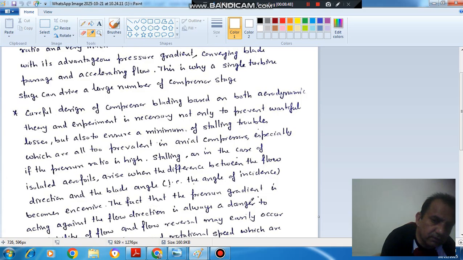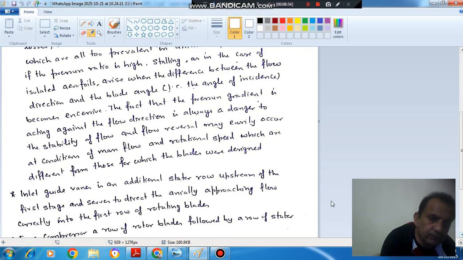The fact that the pressure gradient is acting against the flow direction is always a danger to the stability of flow, and flow reversal may easily occur at conditions of mass flow and rotational speed which are different from those for which the blades are designed.